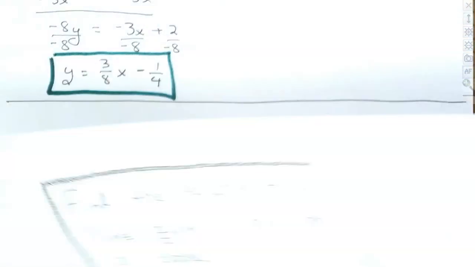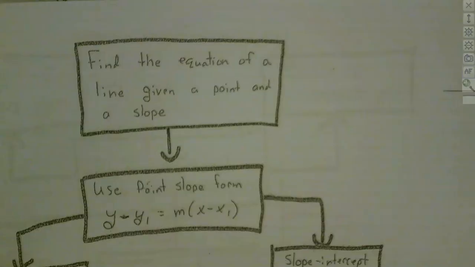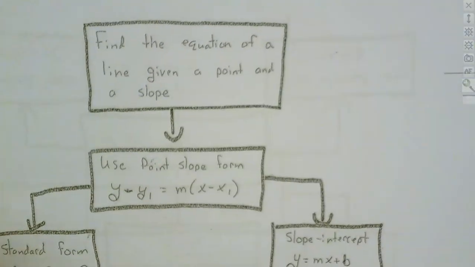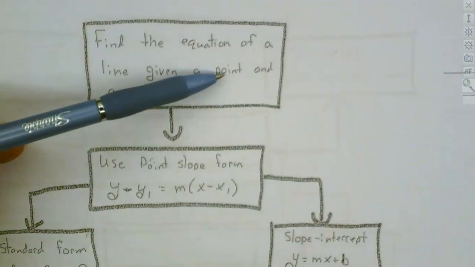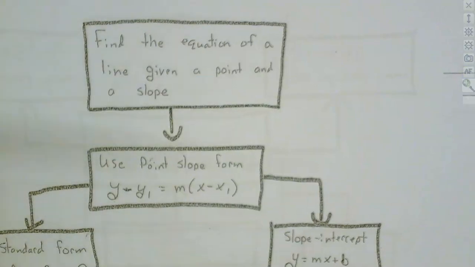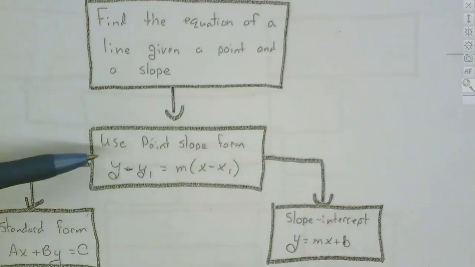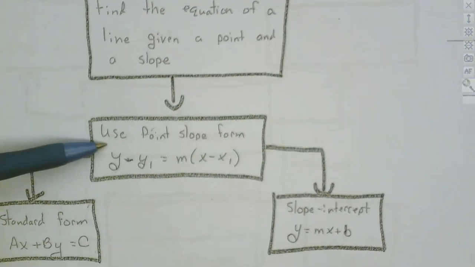So the first one that we're going to look at is finding the equation of a line when you're given a point and a slope. So the first box tells you what you have. So you need to make sure that you have a point and you have a slope. And then we're going to be using what's known as the point-slope form.